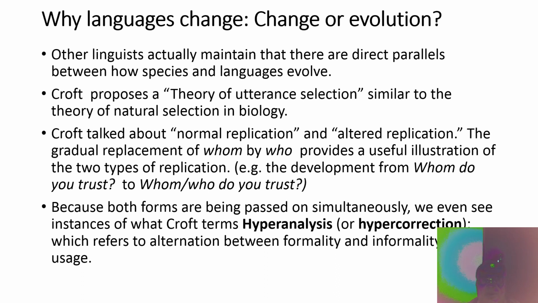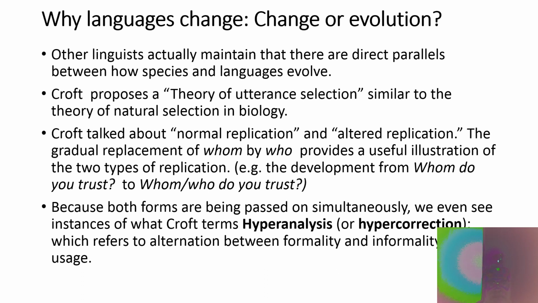When we talked about the normal replication, okay, he gave us an example to illustrate his concept of replication, the replacement of whom by who, okay, as an example to illustrate these kinds of replication. At the beginning, people started using whom. Whom did you invite?